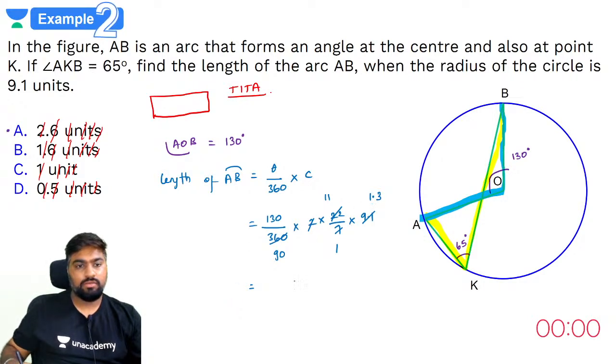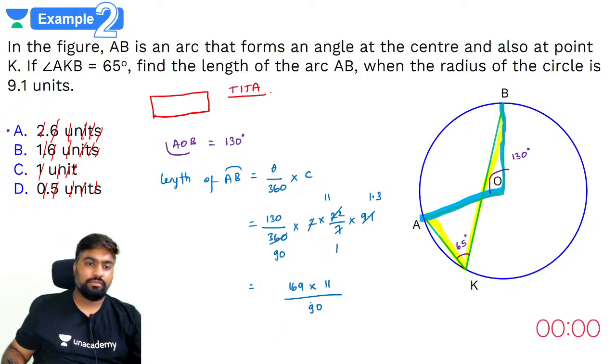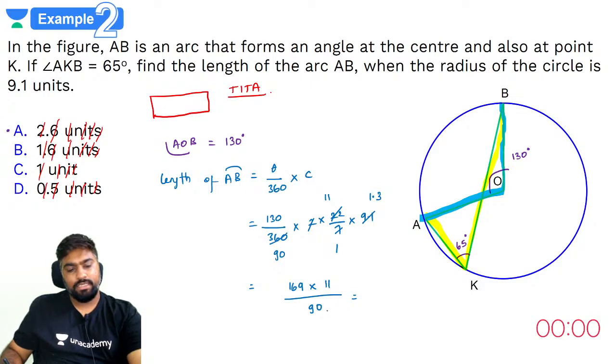So 13 square is 169, into 11 by 90. Why is this so complex? Anyway, so 169 into 11 divided by 9, divided by 90 will give us 20.65 bar.